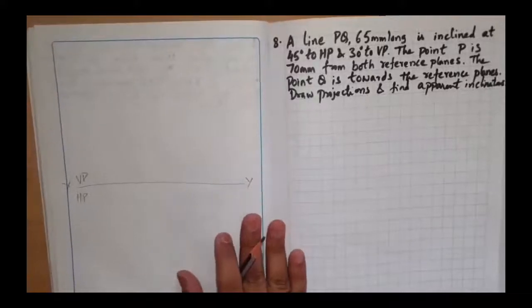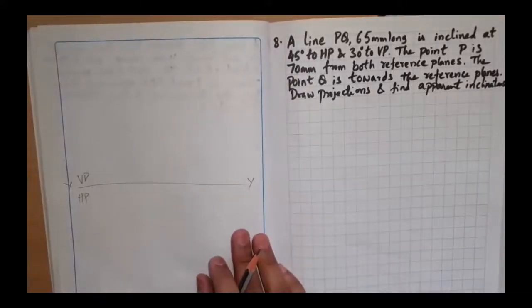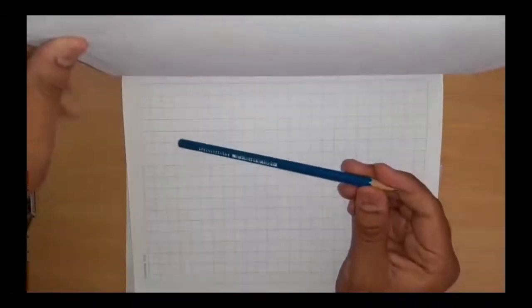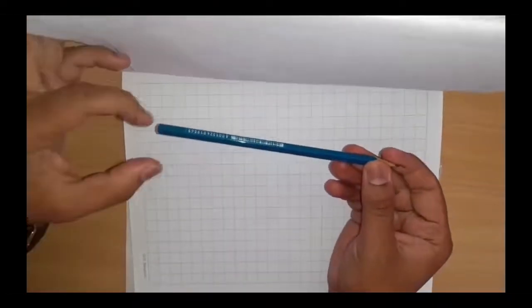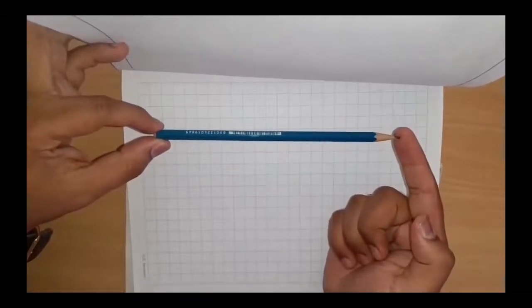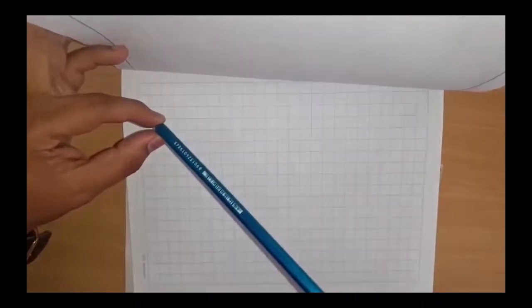Okay. See, very important. This is a line inclined to both the planes condition. I'll just assume this as a line PQ. Earlier, this left-hand side endpoint was fixed and the line was inclined to HP and inclined to VP.